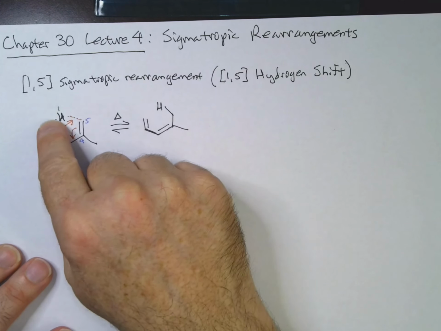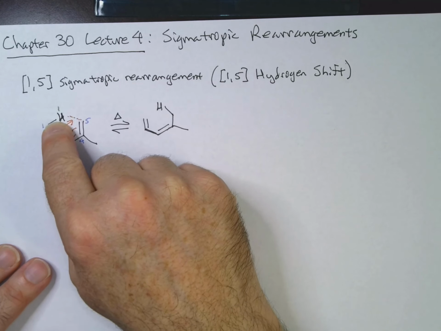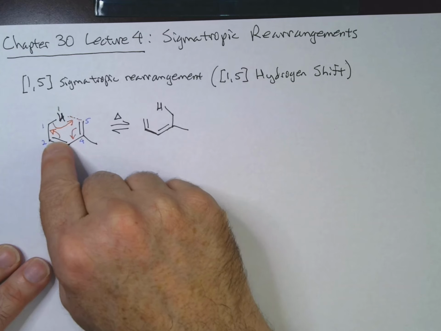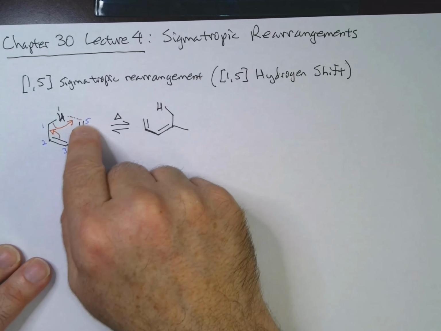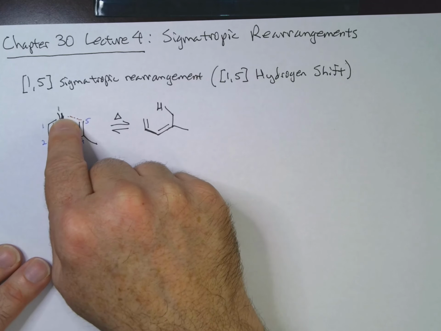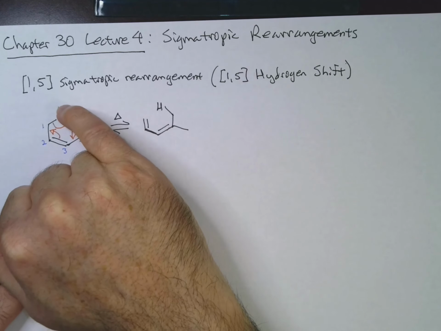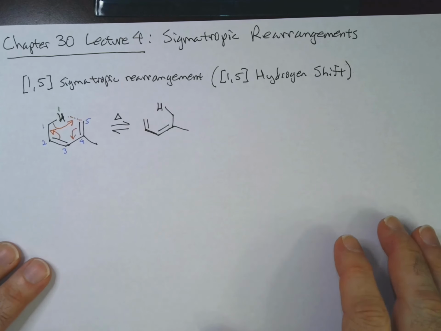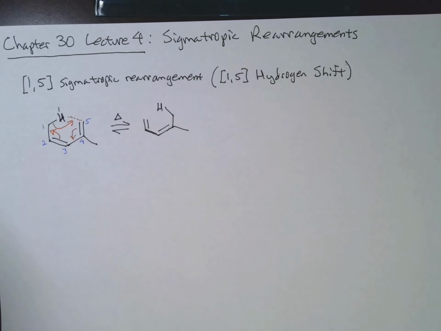So if I go with the atoms in a ring one way, I get 1, 2, 3, 4, 5, and the other way, well, there's only 1. So that's where I get 1,5 from. It refers to the number of atoms in the ring there.